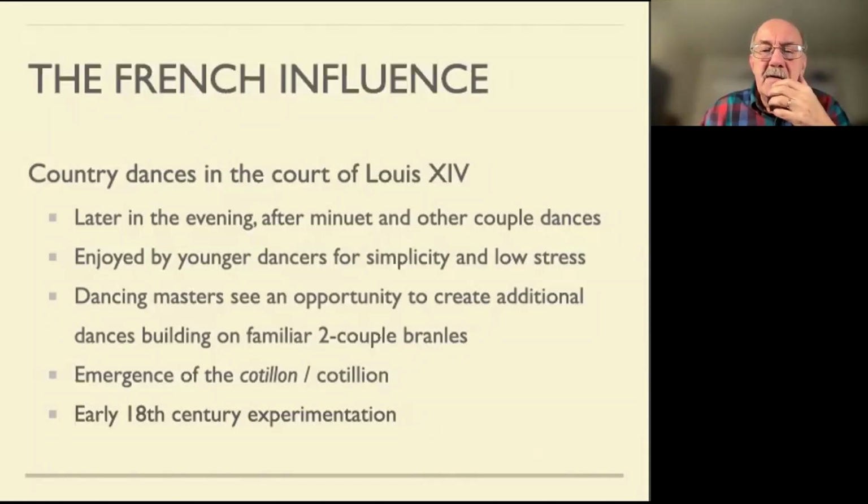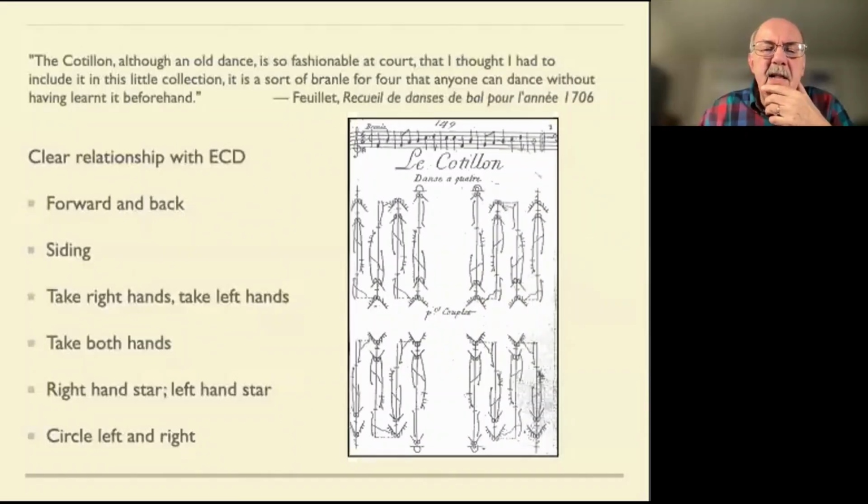But the cotillon is clearly modeled on English country dance. It has these basic English country dance moves, forward and back, siding, taking hands, right hand stars, left hand stars, and so on and so on. But for a while, the dancing masters aren't quite sure what to do with it.